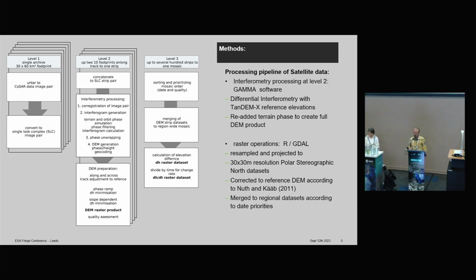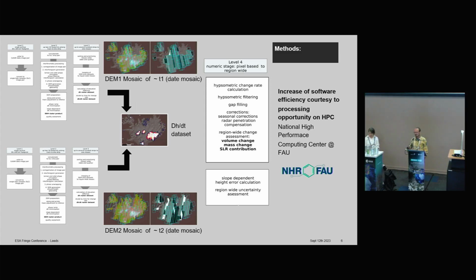Once we have reached level 3 of the processing, you should have a mosaic of DEMs, and whenever you have two overlapping fitting mosaics of DEMs and you know the respective acquisition dates, you can derive elevation change data sets, which is what you see in the center. Also here, only qualitatively; you will see a lot more of them later on. With these mapped results, we then go into a more numeric analysis.